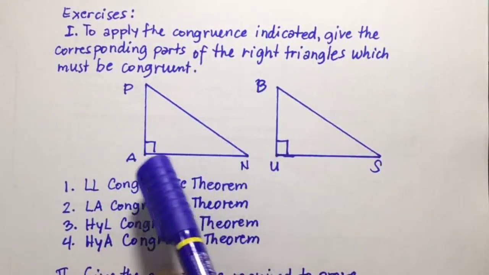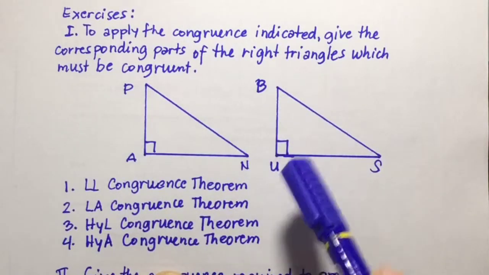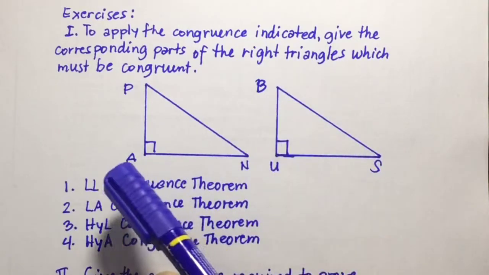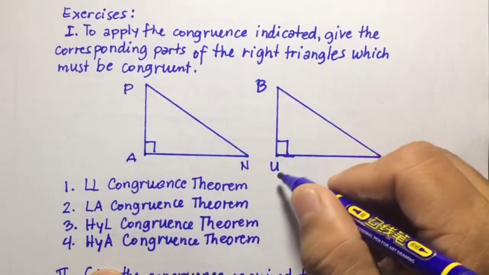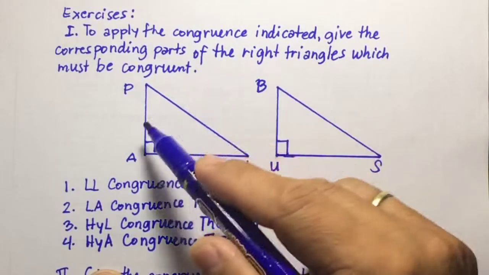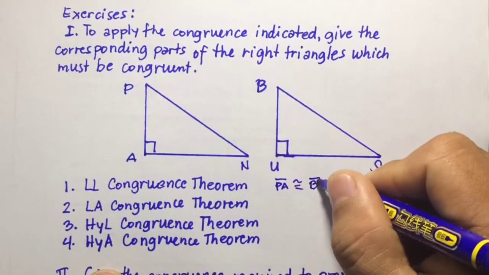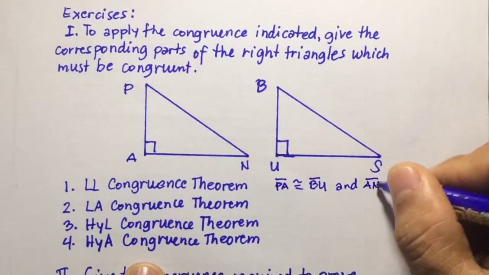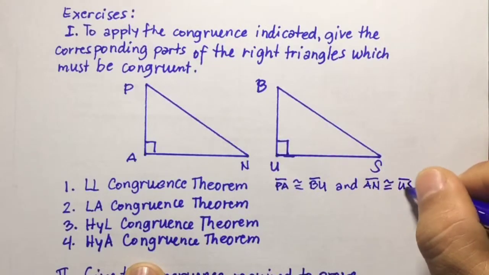Triangle PAN with right angle at angle A, and triangle BUS with right angle at angle U. So to apply the LL congruence theorem for number 1, we're going to have here line segment PA congruent to the corresponding leg, which is line segment BU, and line segment AN congruent to line segment US.